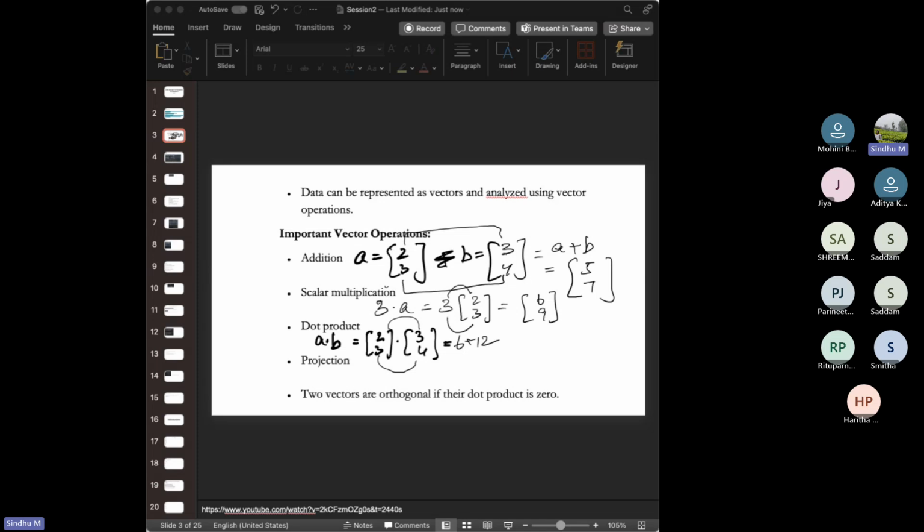And finally, we also discussed orthogonal vectors. Orthogonal vectors means the angle between the 2 vectors will be 90 degrees. If this angle is 90 degrees, for example, if this is a bar, this is something else, c bar, then the dot product of the 2 vectors will be 0. So these are some of the important concepts that were discussed in the first lecture of week 2.